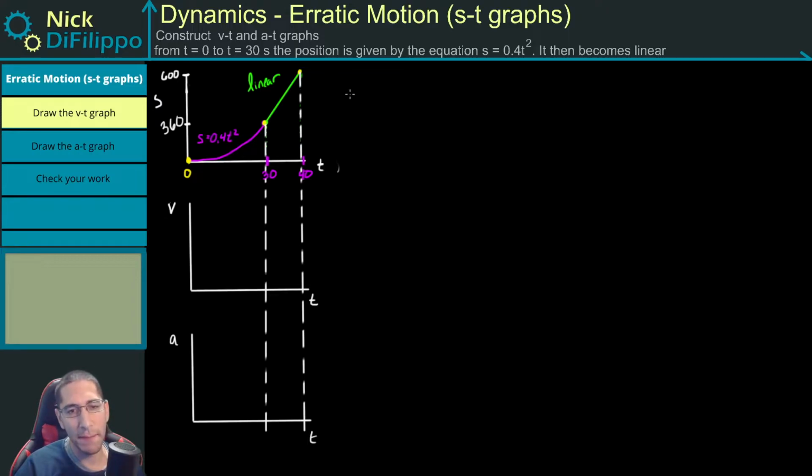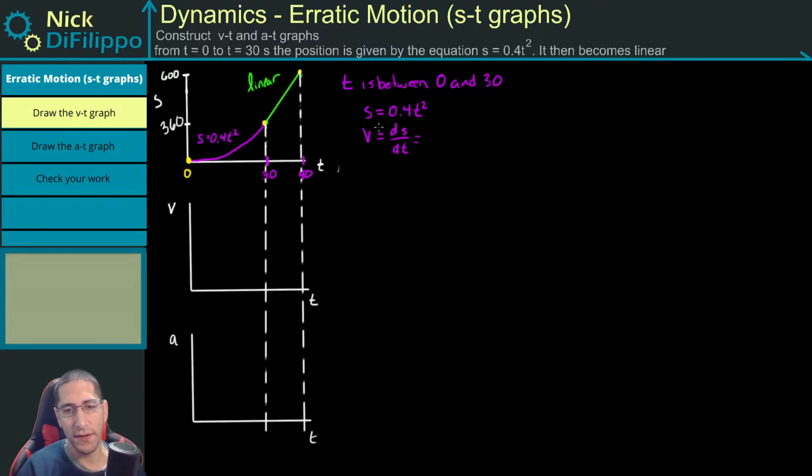First, let's look at what's happening when time is between 0 and 30 seconds. In this case, we know the position is given by the equation 0.4t squared. We also know that velocity is the derivative of our position, ds or dx with respect to time.